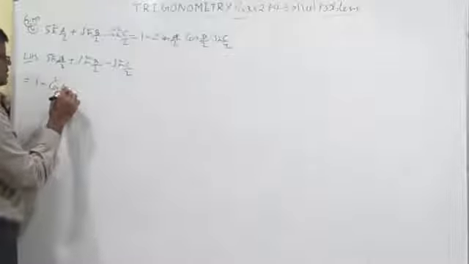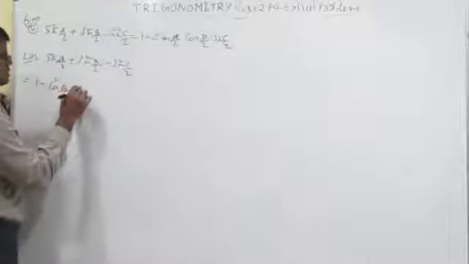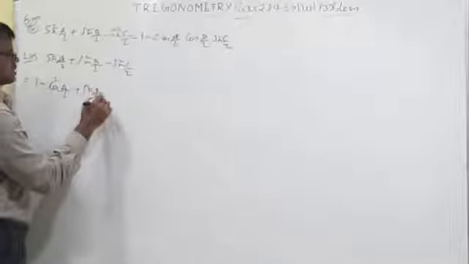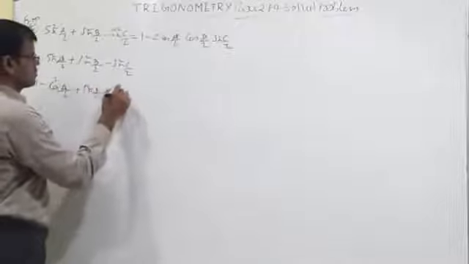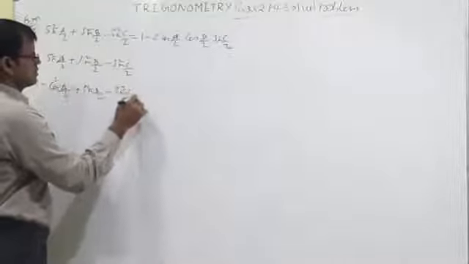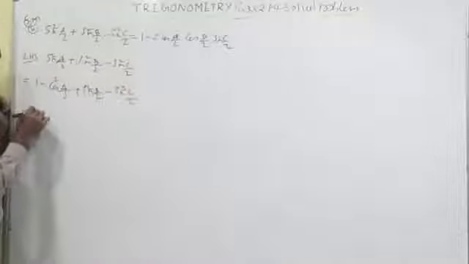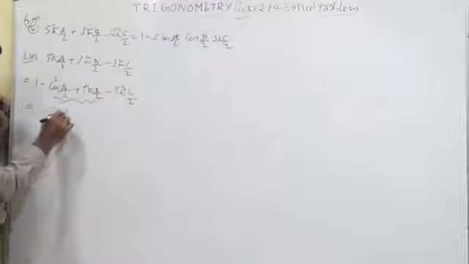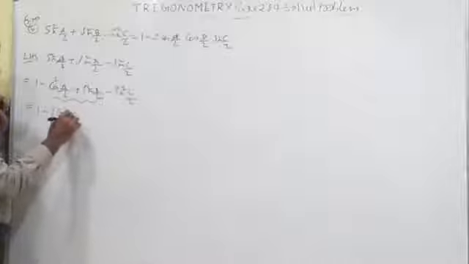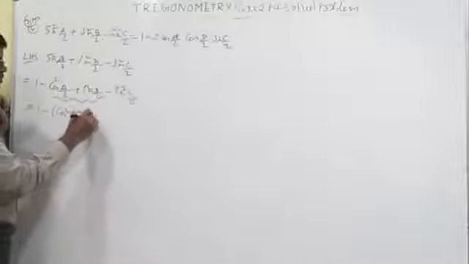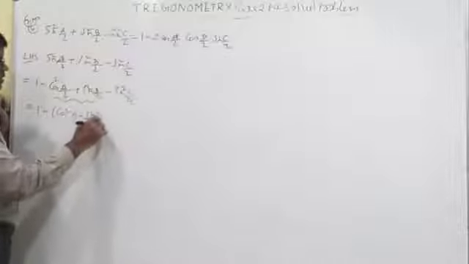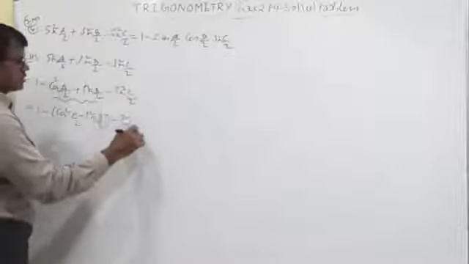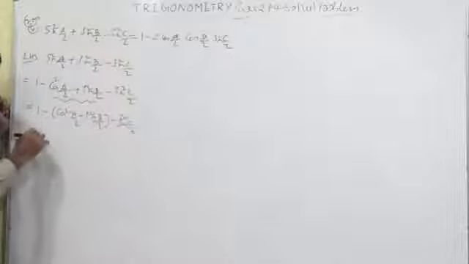1 − cos² A/2 + sin² B/2 − sin² C/2. That is equal to 1 minus, take common in between these two terms: cos² A/2 − sin² B/2 − sin² C/2.